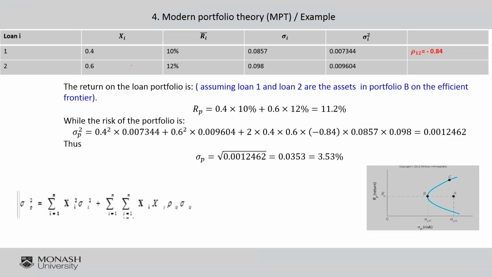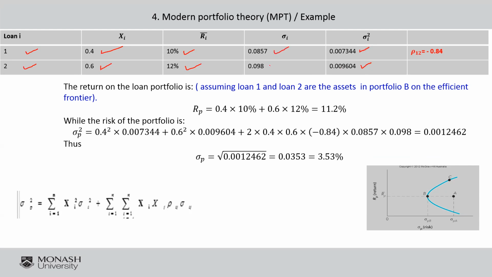So if we have a portfolio of just two assets, 1 and 2, this is the rate, and this is what you call the weight. 40% of your portfolio is from 1, and 60% is from 2. The return of this one is 10%, and the return of this is 12%. And the standard deviation, this is the variance of the first asset, and this is the variance of the second asset, which is the volatility.